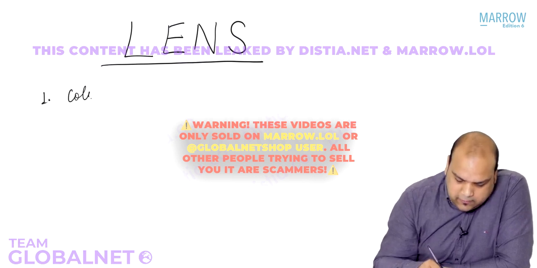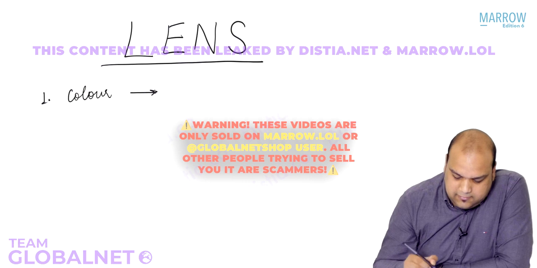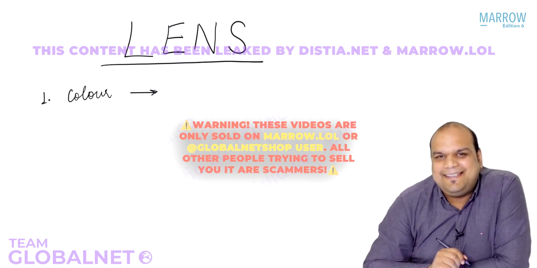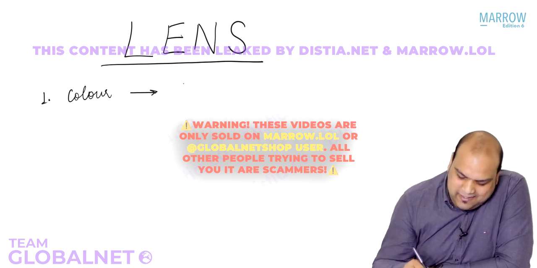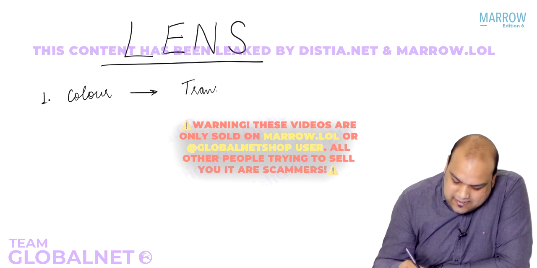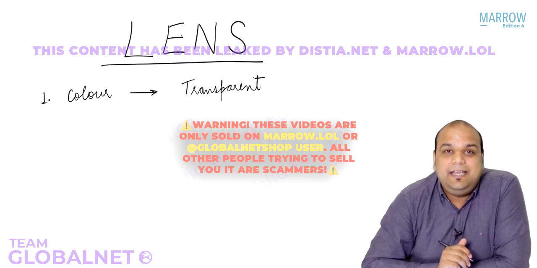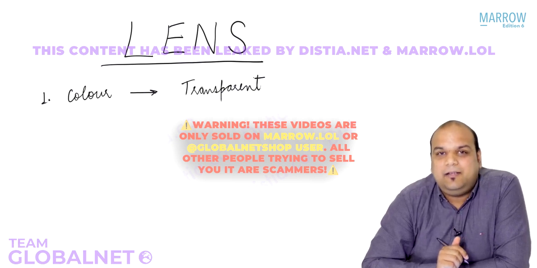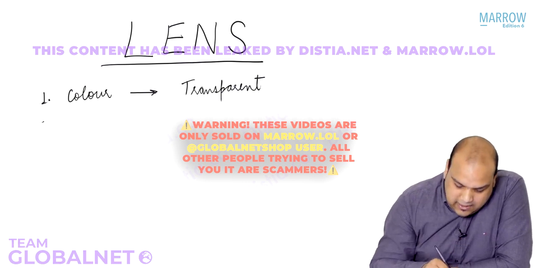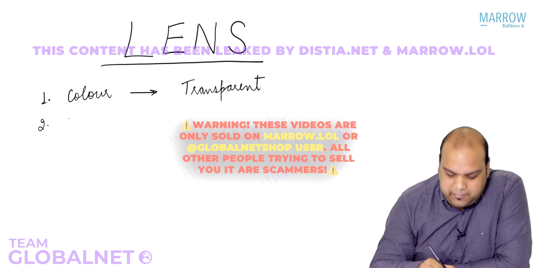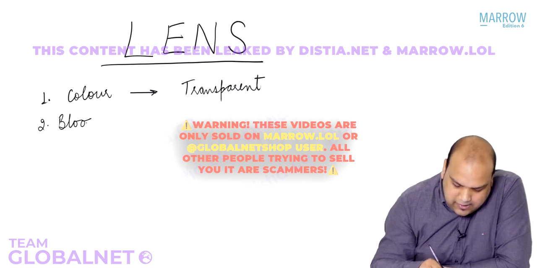So, lens, point number one, very simple point. What is the color of lens? I said they will be easy, I know. So, you already know, everybody. Lens is transparent. The lens has to be transparent because it needs the light to travel across the lens and travel to the retina. Yes? If it is transparent, then my second question also becomes redundant.